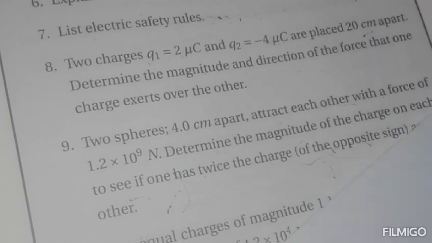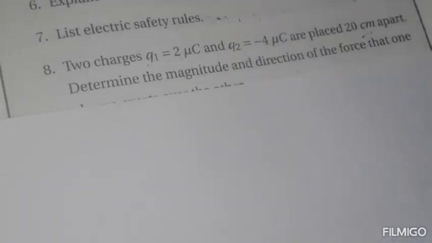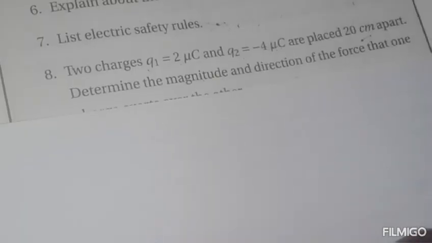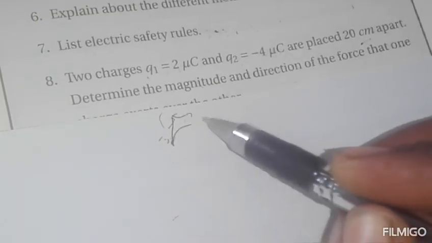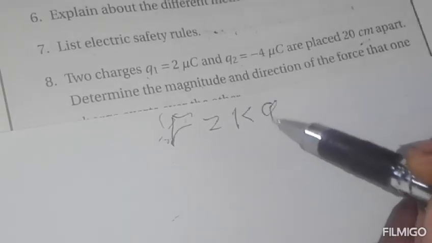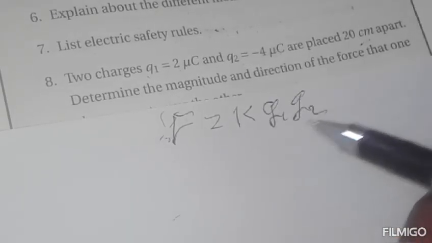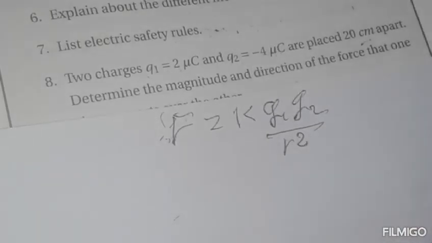As you know, Coulomb's law states that the product of charges is directly related to the electrostatic force. So force is equal to Coulomb's constant K times the product of charge 1 and charge 2 over the square of the gap distance between charge 1 and charge 2.